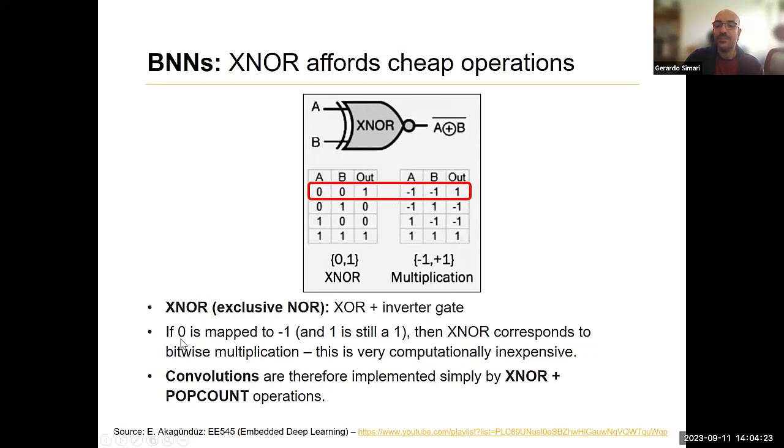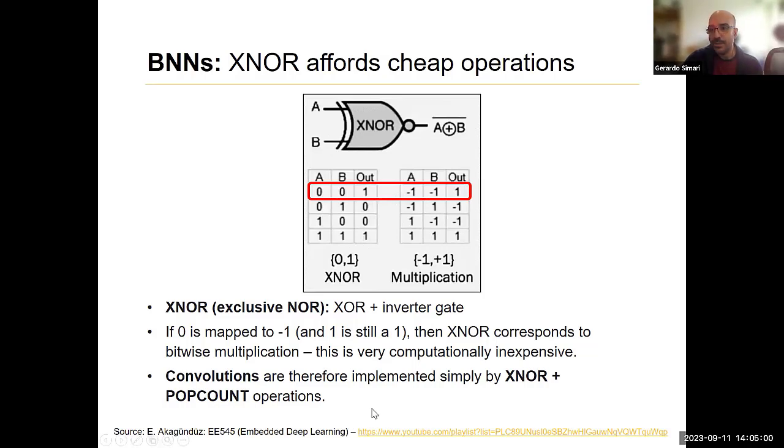And this is explaining why binary neural networks, instead of using 0 and 1, are going to use -1 and 1. If we map 0 to -1 and the 1 is still 1, then you can quickly check in this table that if you multiply these values, you get the same as XNOR. So you simply can implement multiplication very, very cheaply with XNOR gates.